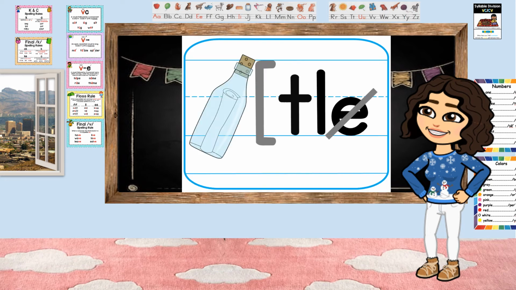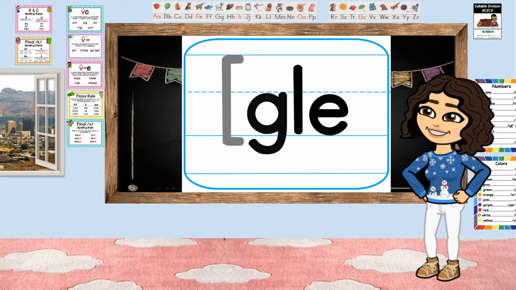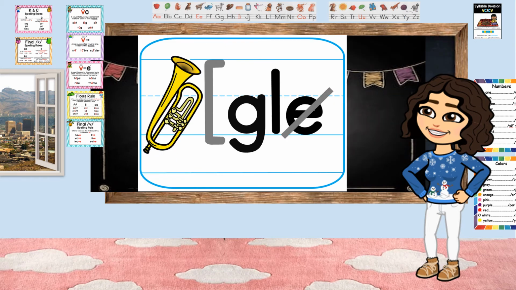And to help us remember what sound it makes, we have bottle, toll. We also have this one. When we see this card, we're going to say final stable syllable, G-L-E. And to help us remember what sound it makes, we have bugle, goal.